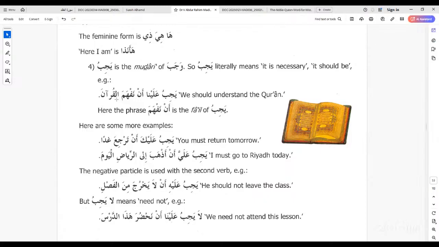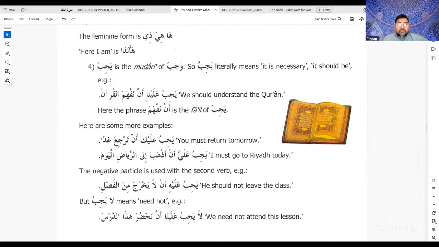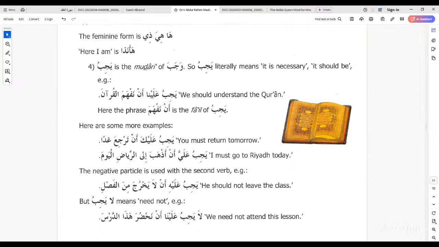So al Qur'ana is the object of nafhama, and an nafhama is the fa'il of yajibu. What is wajib? To understand. Alayna is jar and majroor. It is obligatory to understand the Quran.